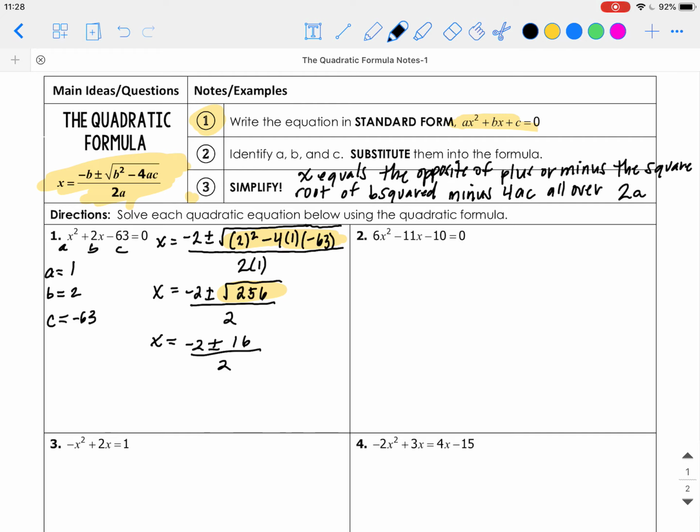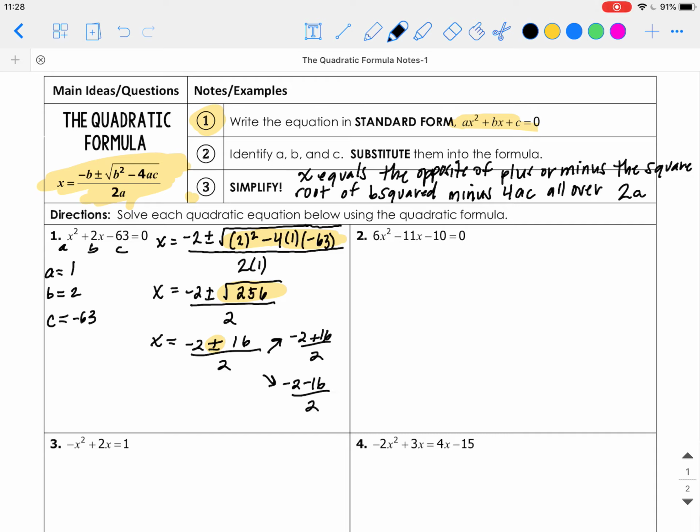okay? So let's simplify this. We got something here we got to talk about. So this is actually two equations here. Well, two little setups. This plus or minus literally means that I have one equation where I have negative 2 plus 16 over 2, and I also have negative 2 minus 16 over 2.